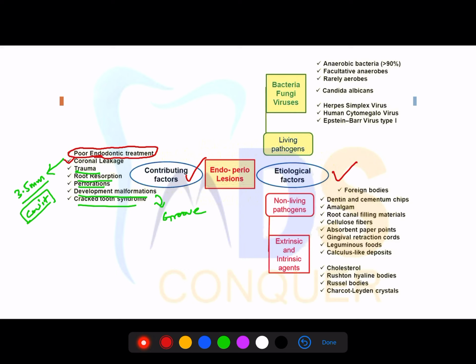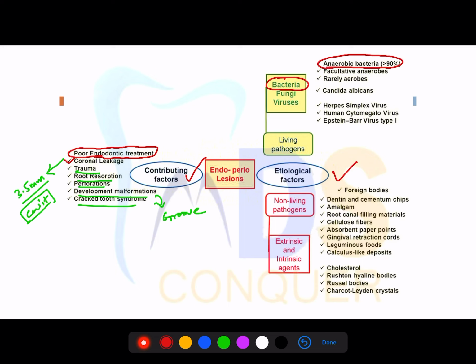But coming to the etiological factors, the major etiological factor is organisms, that is bacteria. Bacteria is the most common cause for pulpitis, and similarly bacteria is the most common cause of endoperio lesions. Here we have some important things that you have to make a note of. Among the bacteria, anaerobic bacteria cause 90% of infections.